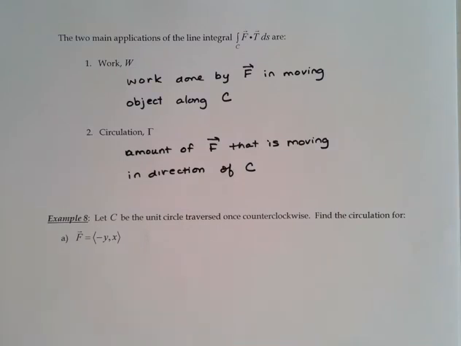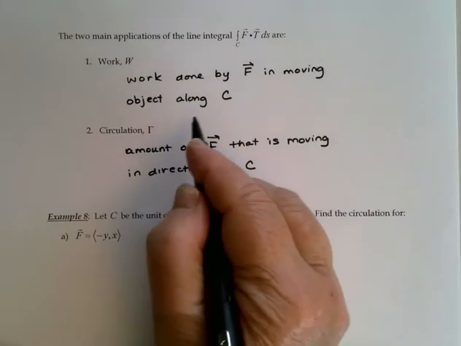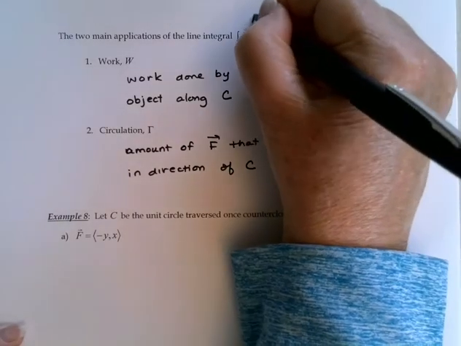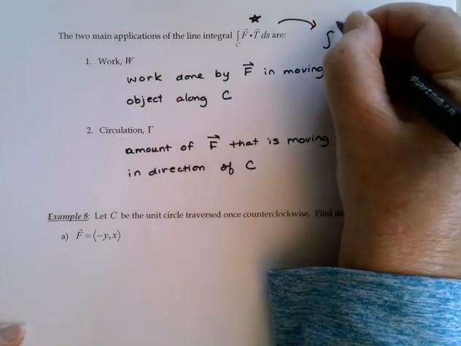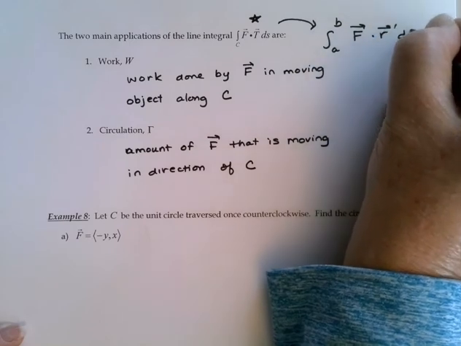In both cases, the key is it's how much of F is in the direction along C. So whether we're asked for work or circulation, either way, we're always going to go back to this integral, which is always evaluated as F dot r prime dt.